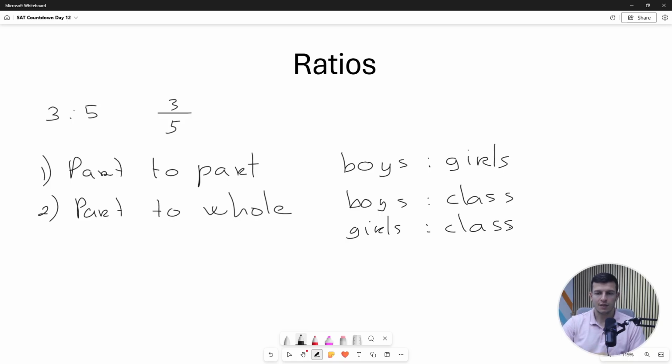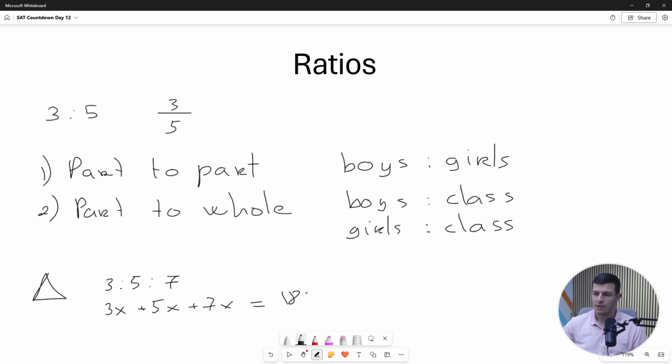Another important skill for ratios is scaling, right? We're going to do some examples, but if you're given, for example, the internal angles of a triangle, and the question says the angles are, I don't know, in a 3, 5, 7 ratio, whenever we try to solve that, we multiply them by something. We say 3x plus 5x plus 7x, and if you're familiar with the internal angles of a triangle, you know that they add up to 180.